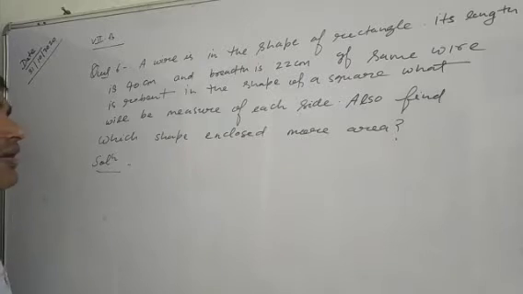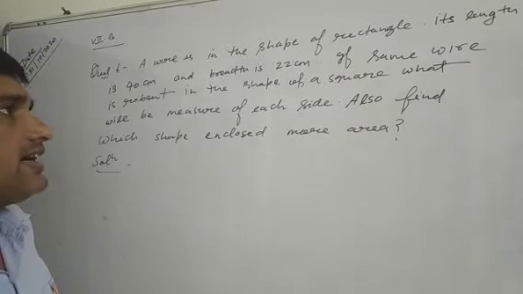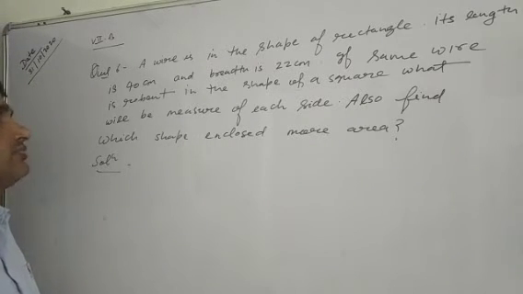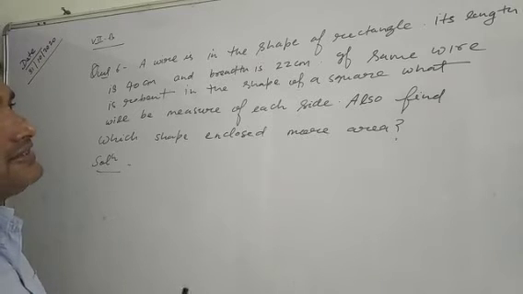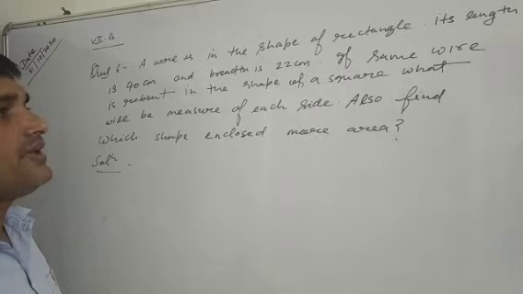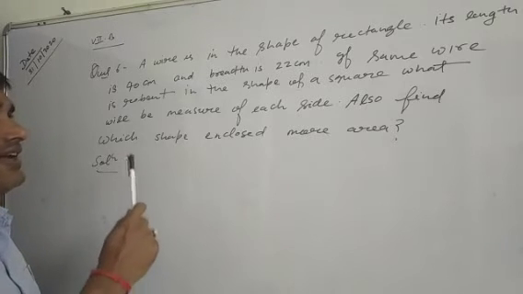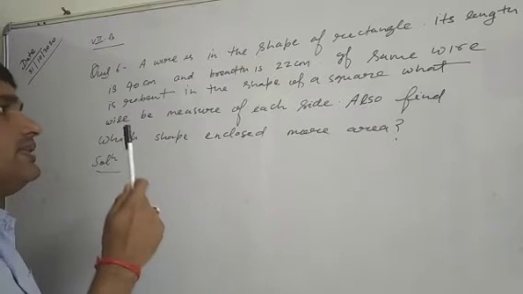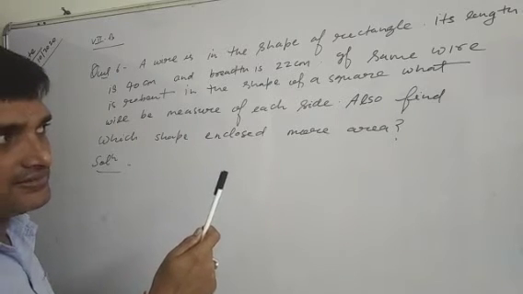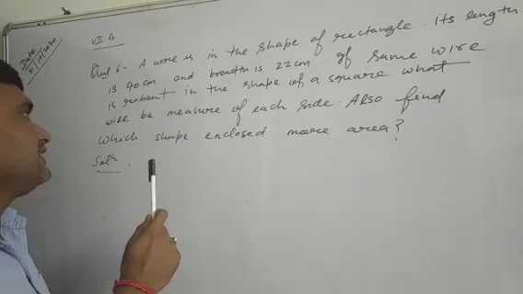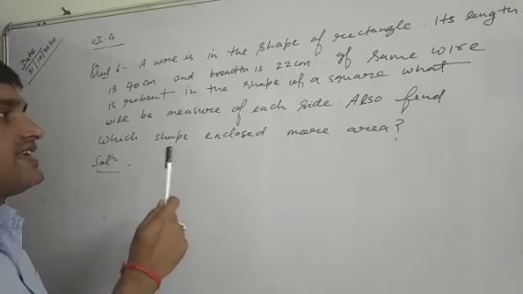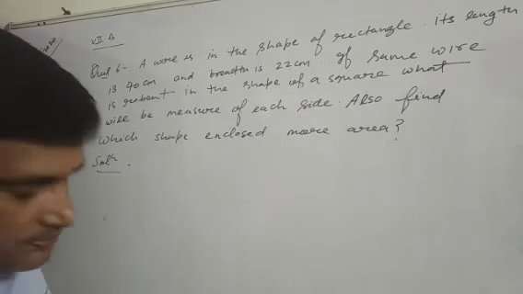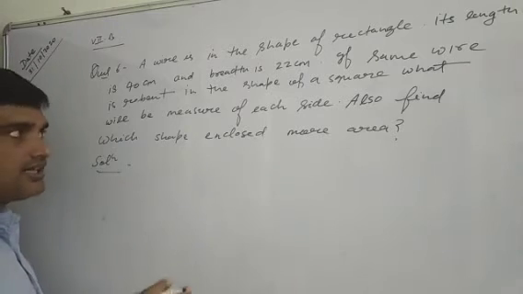Question number 6. A wire is in the shape of a rectangle. Its length is 40 centimeter and breadth is 22 centimeter. If the same wire is rebent in the shape of a square, what will be the measure of each side? Also find which shape encloses more area. Understand?